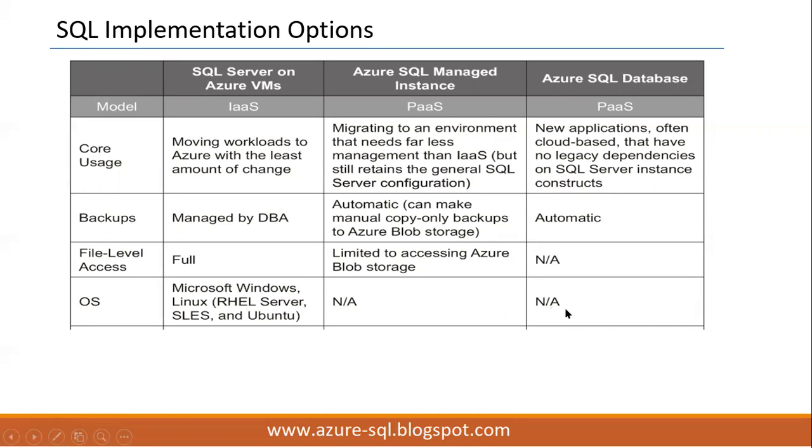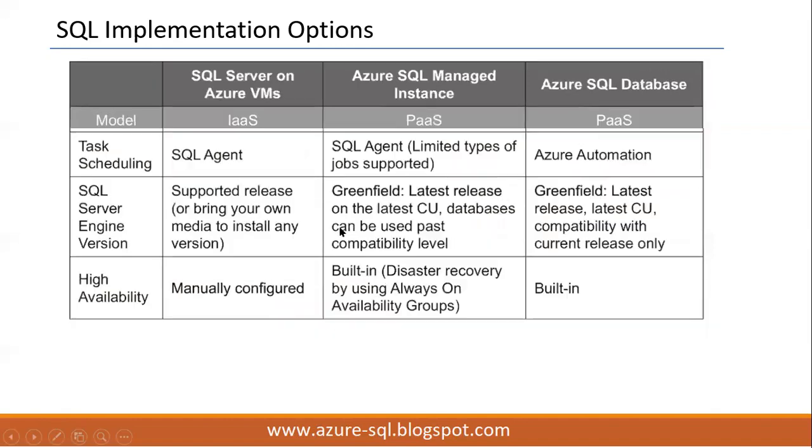Internally Microsoft will maintain it. Then task scheduling: SQL Server agent is already there for scheduling jobs. In managed instance, SQL agent is there too, but only a limited type of jobs can be scheduled.